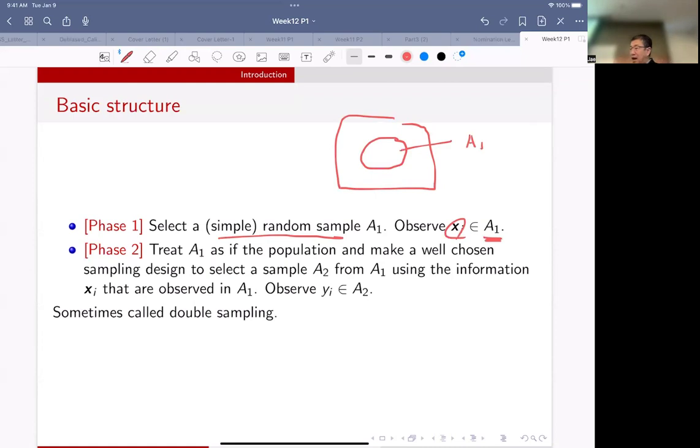And then from there, I can select a sample, A2, and observe Y. Because A2 is a subset of A1, I can also have X information available in A2, right? So that is basically the basic structure of two-phase sampling. And it is sometimes called double sampling.